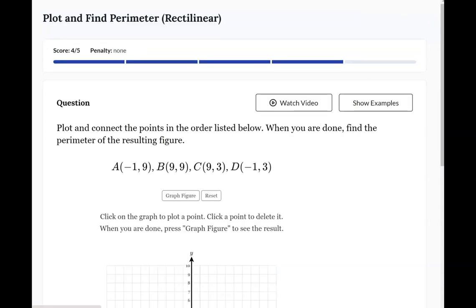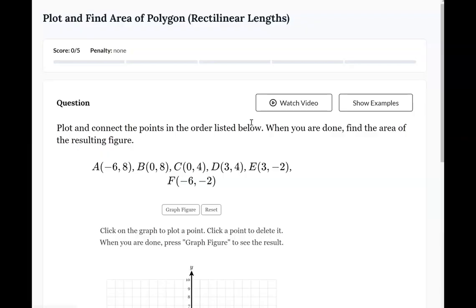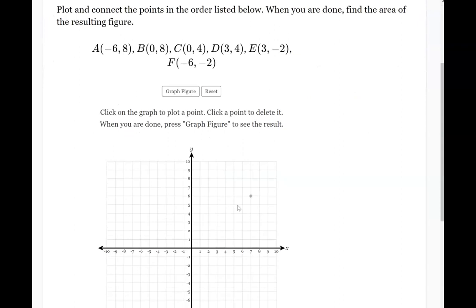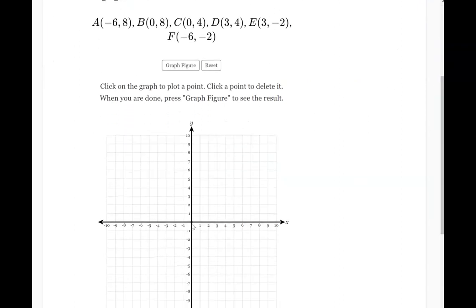Let's try the last topic, which is plotting and finding the area of a polygon. So we have more points this time. Let's take a look. -6, 8, 0, 8, 0, 4, 3, 4, 3, -2, and -6, -2.